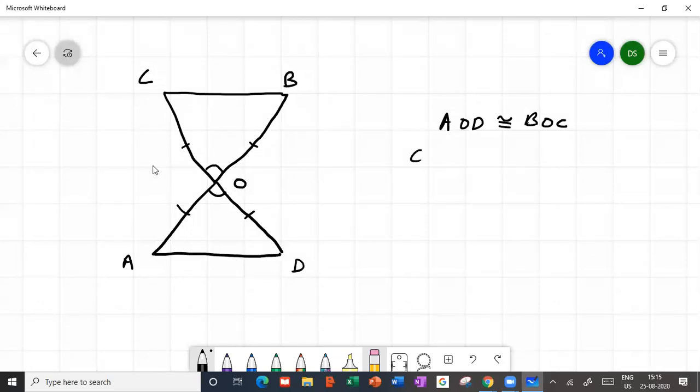Now by CPCT, we can say that this angle is equal to this angle, because this is an isosceles triangle if you actually go to see. So actually this angle, let me just color it, will be equal to this angle.